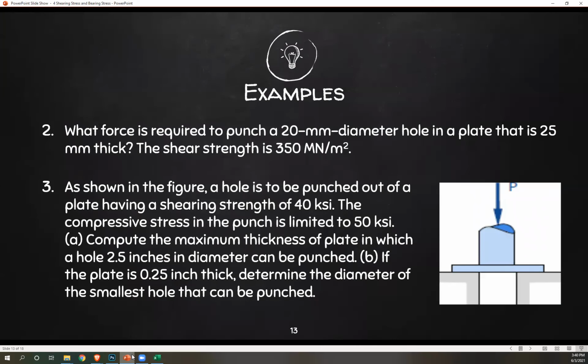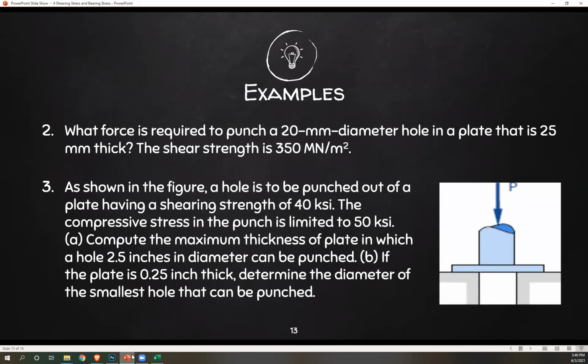Number 3 is a bit similar to number 2. As shown in the figure, a hole is to be punched out of a plate having a shearing strength of 40 ksi. The compressive stress in the punch is limited to 50 ksi. Letter A, compute the maximum thickness of plate in which a hole of 2.5 inches in diameter can be punched.